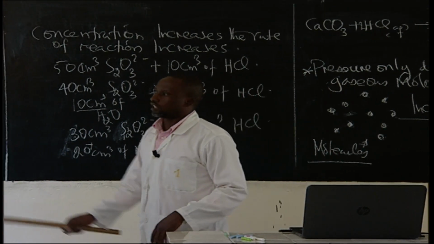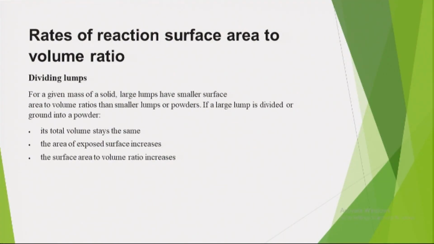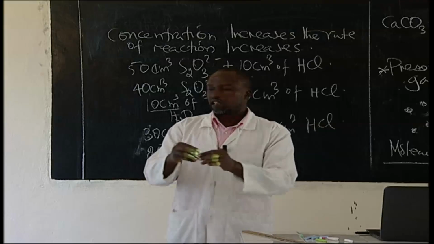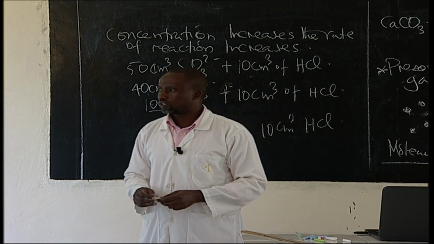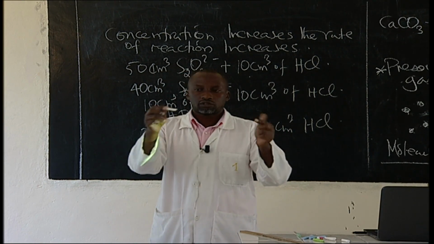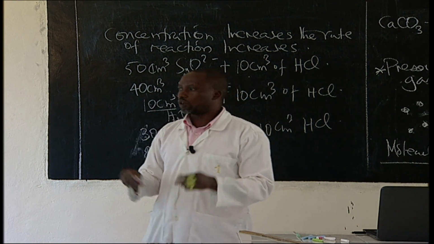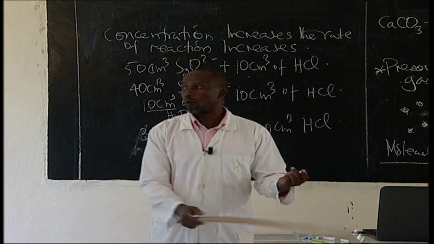So we can also look at the rates of reaction and surface area to volume ratio. So you are given lumps. Those are big chunks. Maybe you have pieces of chalk. The chalk is mainly calcium carbonate. And it could be lumps like this one, or it could be in powder form.